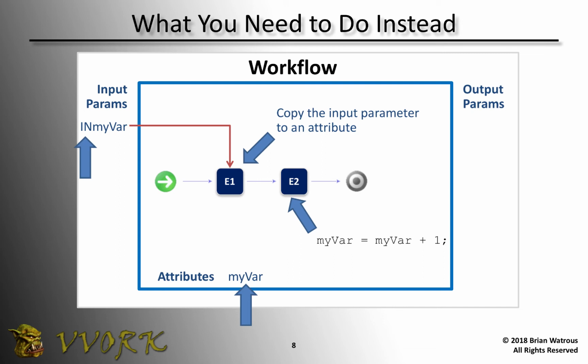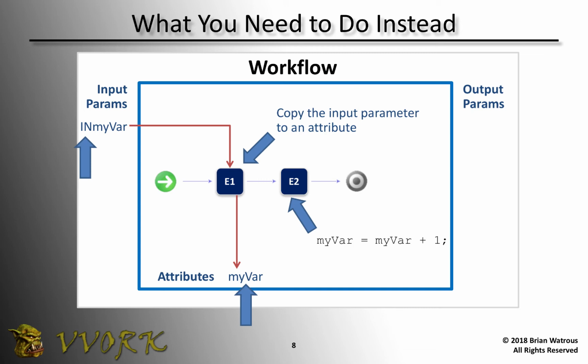Now, since we want to copy the value that's in the input parameter to the attribute, that means we're going to be writing a value out to the myvar attribute, which means we're going to need an outward binding. But effectively, if we can set something up like this, we'll be able to do what we were trying to do originally.